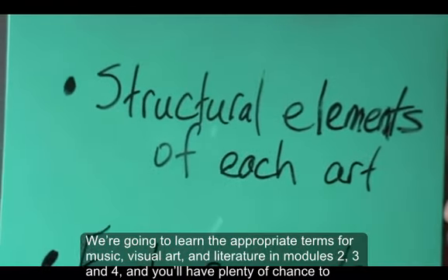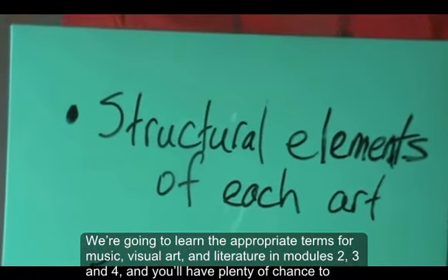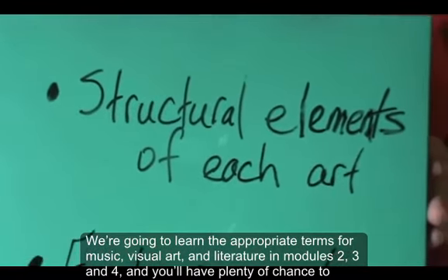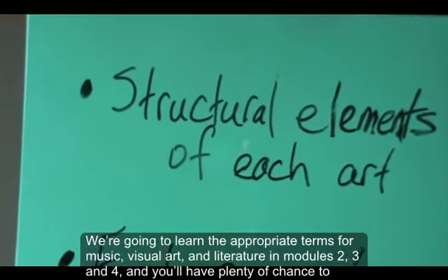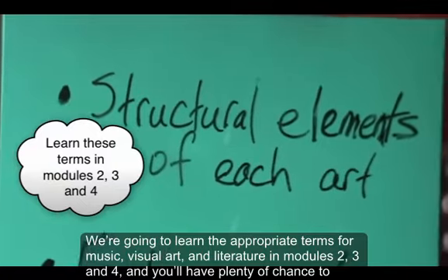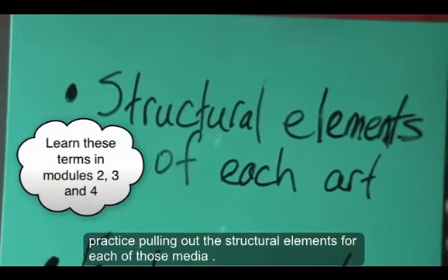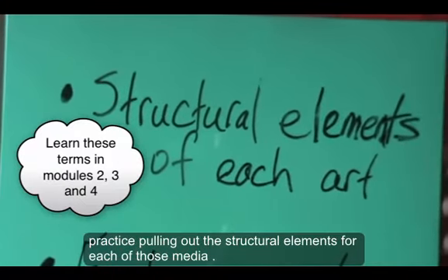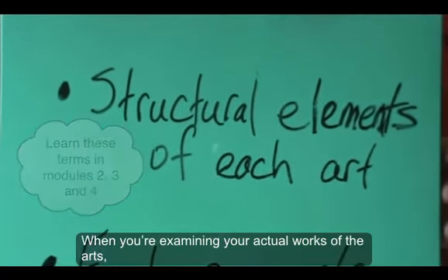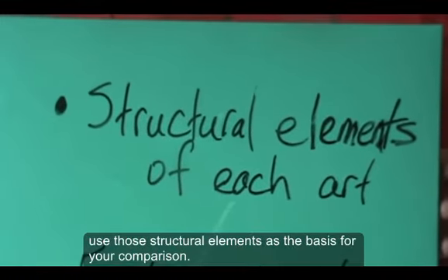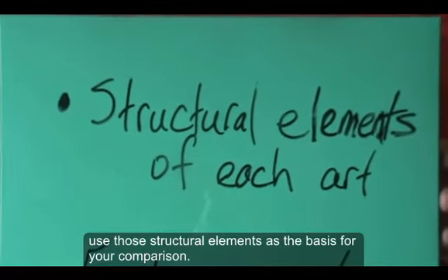We're going to learn the appropriate terms for music, visual art, and literature in modules 2, 3, and 4. And you'll have plenty of chance to practice pulling out the structural elements for each of those media. When you're examining your actual works of art, use those structural elements as the basis of your comparison.